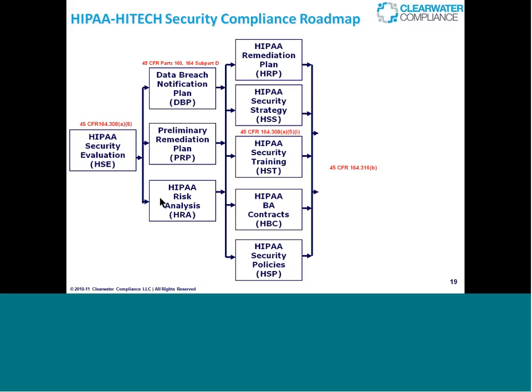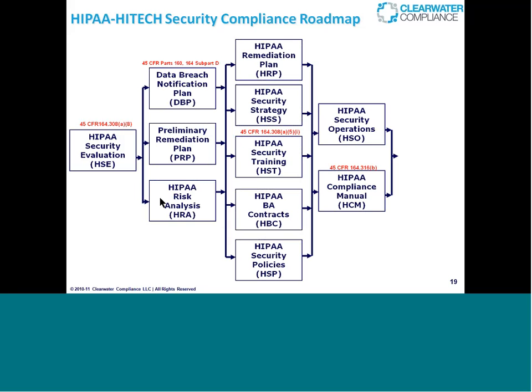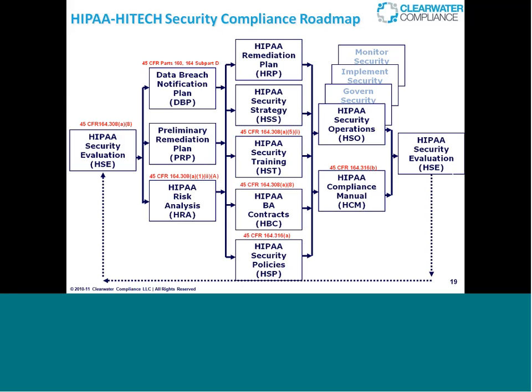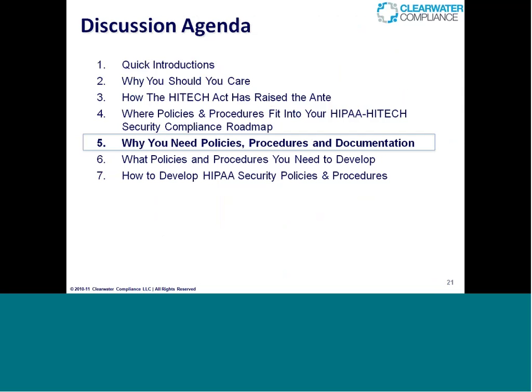Those bodies of work fuel additional bodies of work, which in turn begin to converge into actual assembly of documentation, as well as the completion of the implementation of controls and safeguards, and then finally back to the beginning, because the security evaluation is something that must be done periodically. The main point of this slide is to show you where policies and procedures fit in. They're absolutely unequivocally a requirement in the law, and I'll show you that statute in a moment.